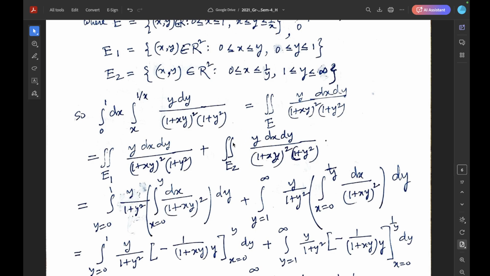And for E2, y goes from 1 to infinity, y by (1 plus y square), integration x equal to 0 to 1 by y of dx by (1 plus xy) whole square, dy.